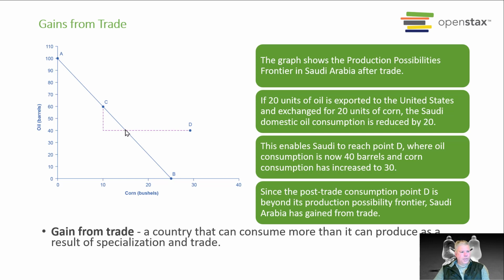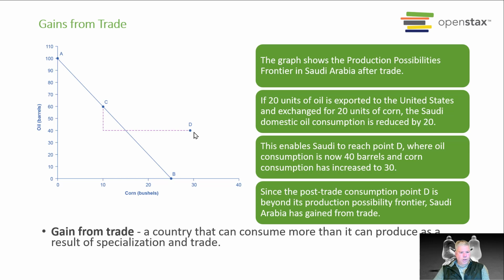However, it allows the Saudis to reach point D. If it was at C, now oil goes down from 60 to 40, but the corn the Saudi economy is able to bring in goes up to 30, because they've exported 20 units of oil but are able to import an additional 20 units of corn.